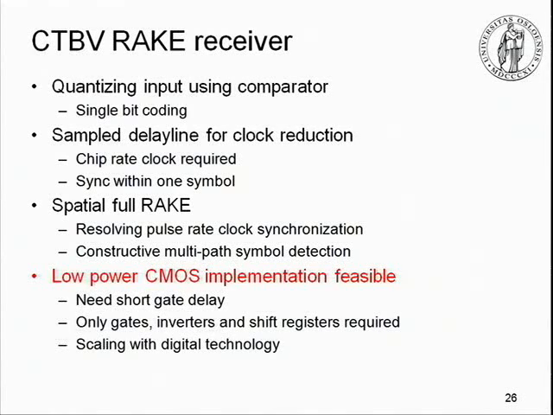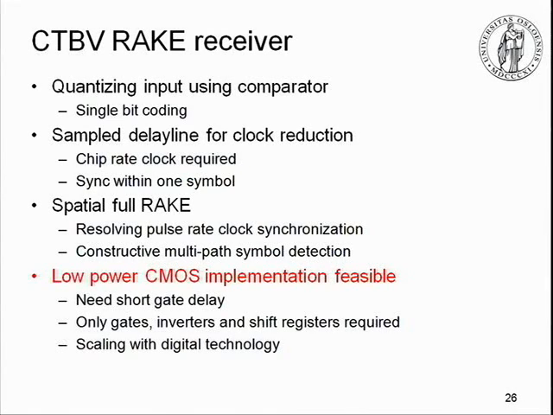So just to finish up, I hope I've conveyed some of the principle of a continuous time binary value Rake Receiver, where we quantize the input and use a sampled delay line, which is a continuous time thing. We make a full spatial Rake Receiver, and we avoid the synchronization problem because the pattern I'm looking for, my symbol, can appear in any of these fingers. Which one doesn't really matter.